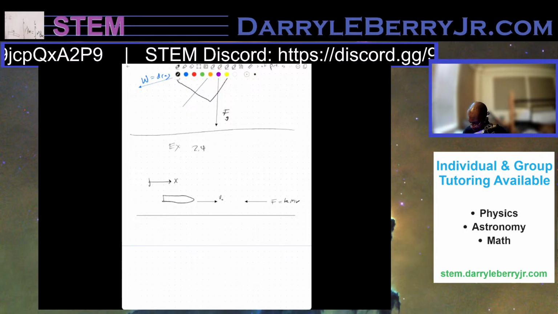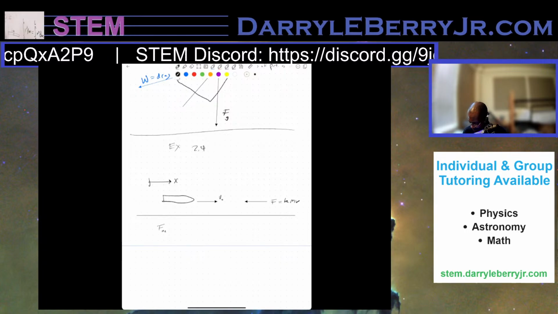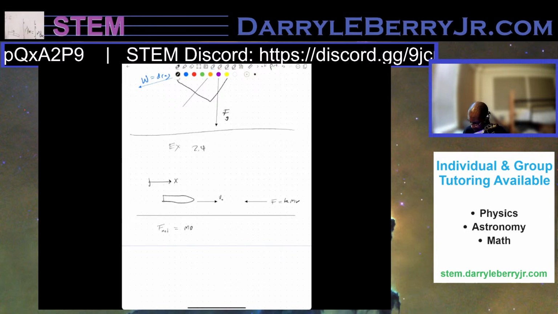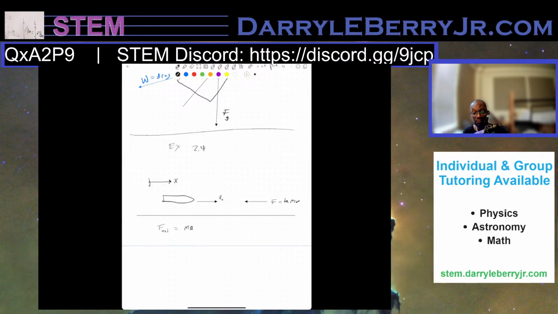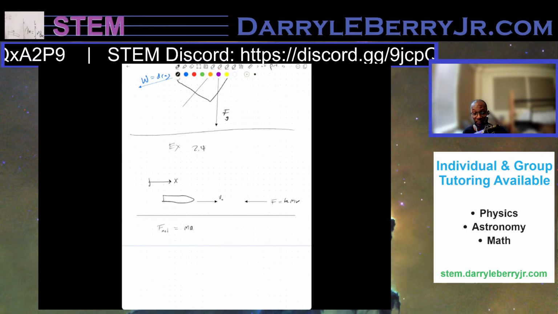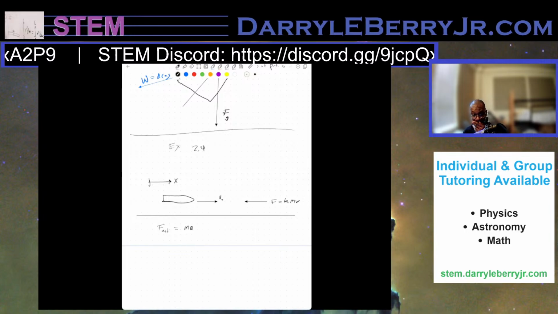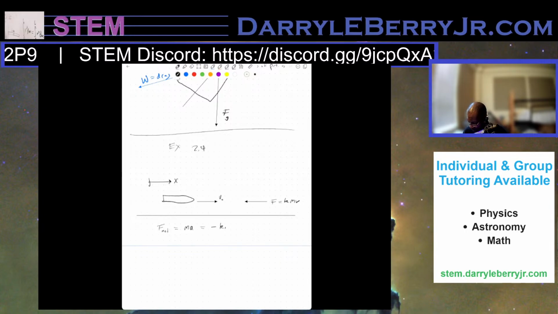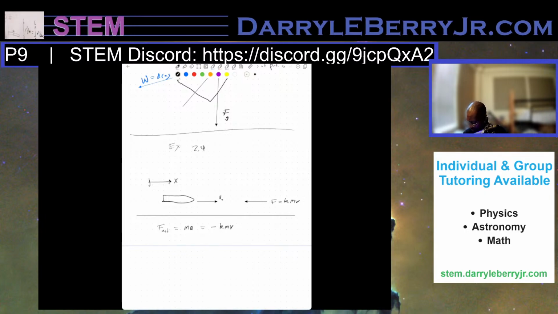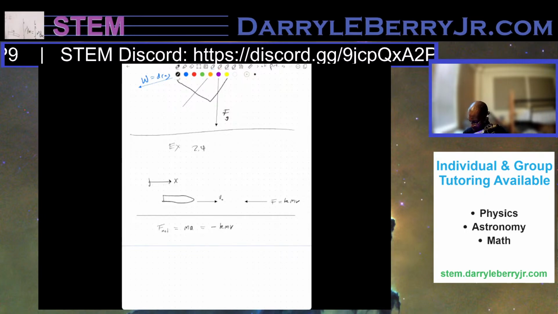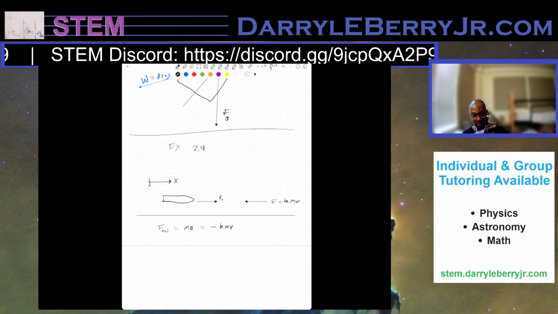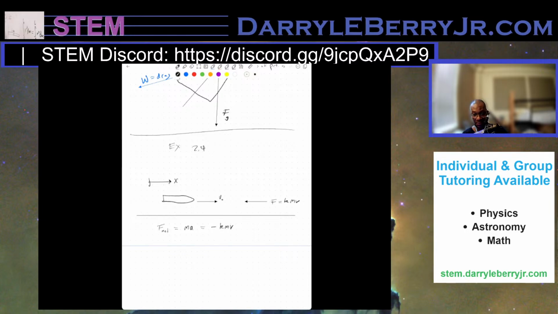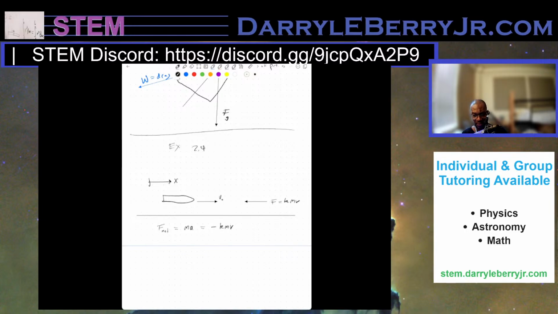And they say that the F net equals ma equals negative kmv. So it has an initial velocity, but we're assuming that it seems like gravity is causing it to accelerate.